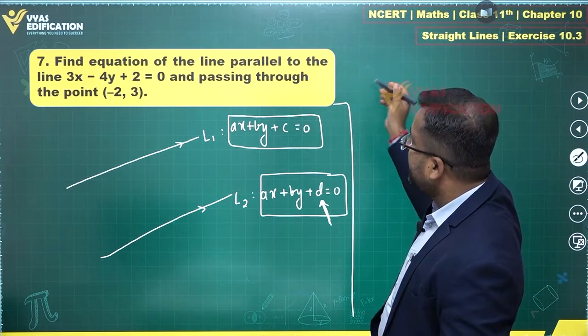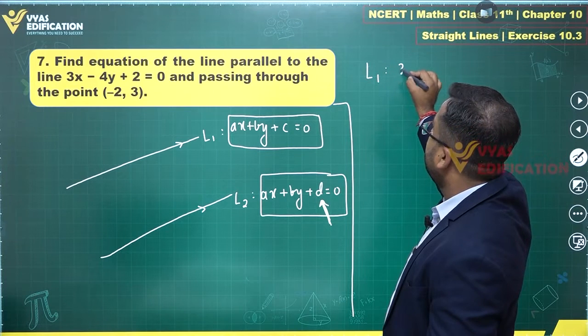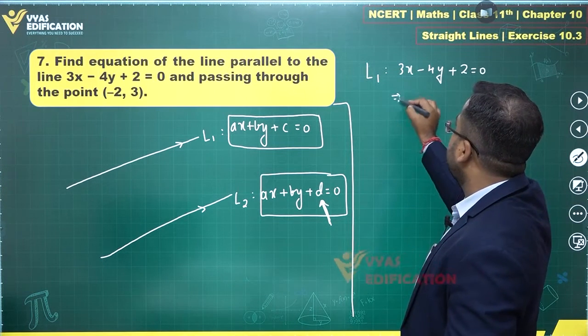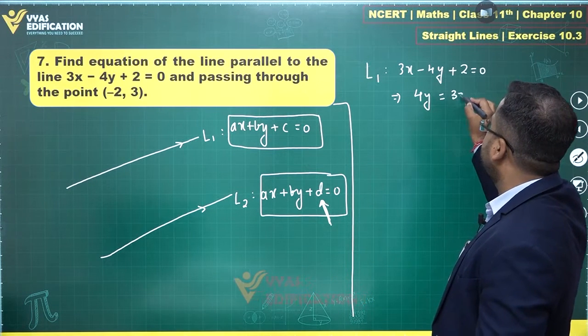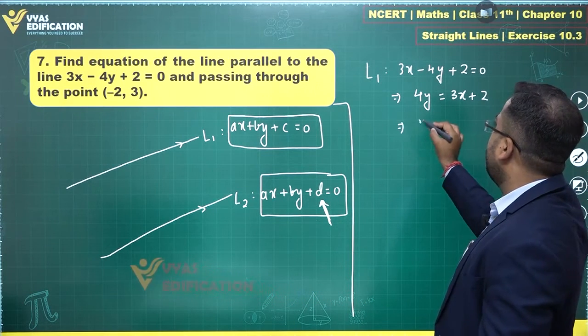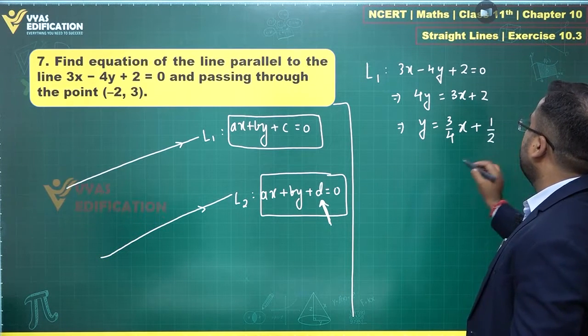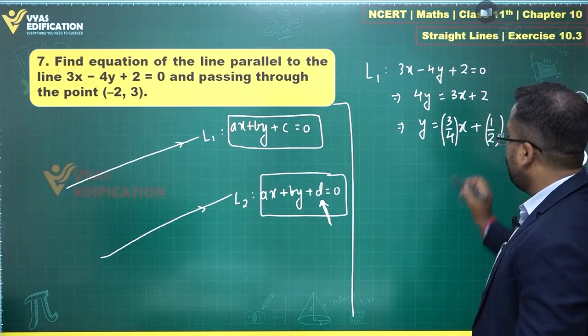So let's begin with an alternative idea that L1 is 3x minus 4y plus 2 equals 0. This tells me that 4y equals 3x plus 2. This tells me y equals 3/4 x plus 2/4, which is 1/2. And this here is the slope.